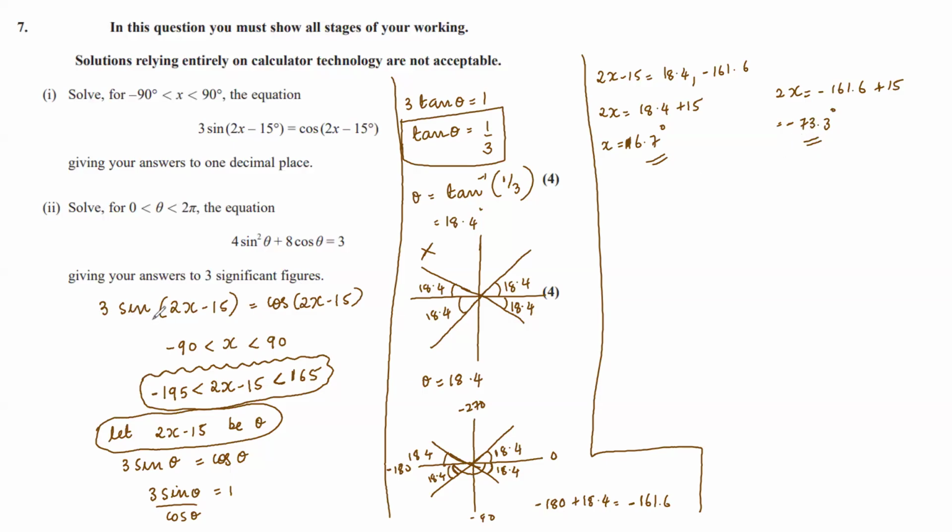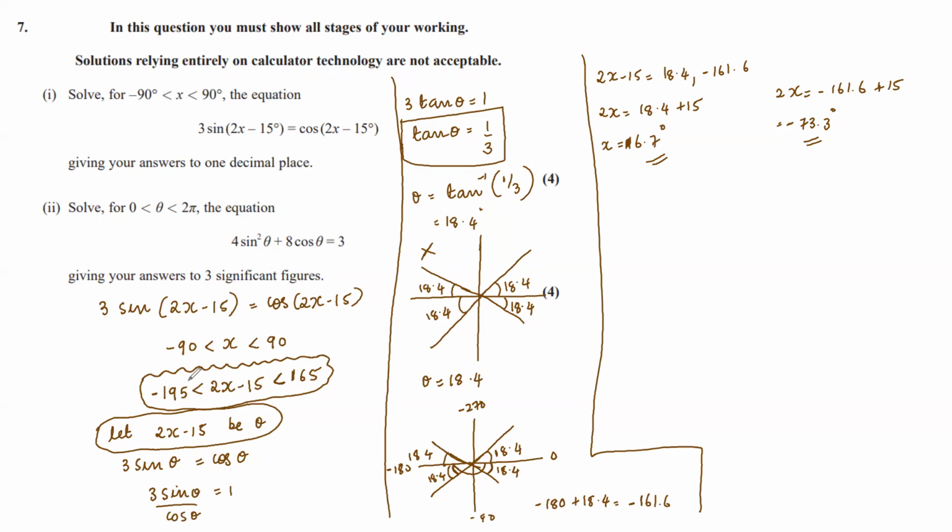So I repeat, the question was 3 sine 2x minus 15 is equal to cos 2x minus 15. Interval was given for x minus 90 to 90, but we don't have x, we have 2x minus 15. So change the interval. For x, you substitute 90 and you'll get 165.